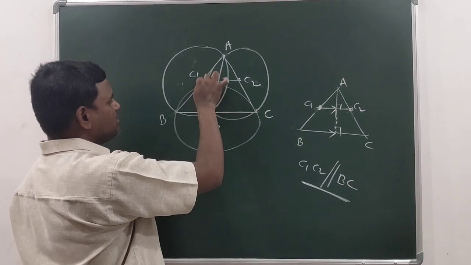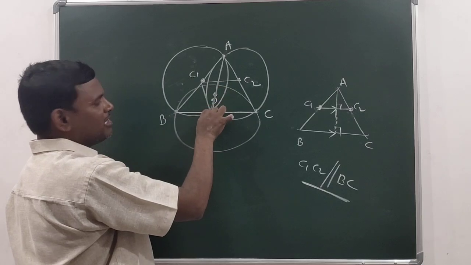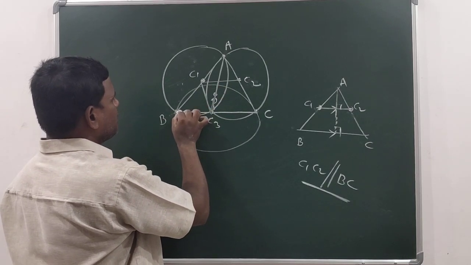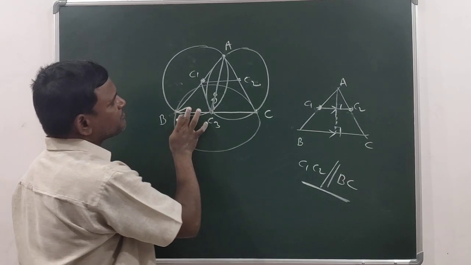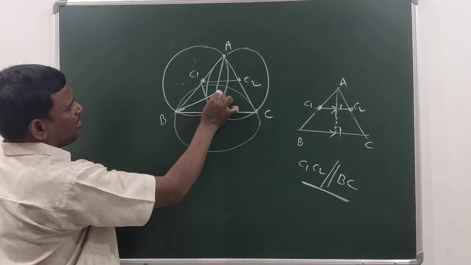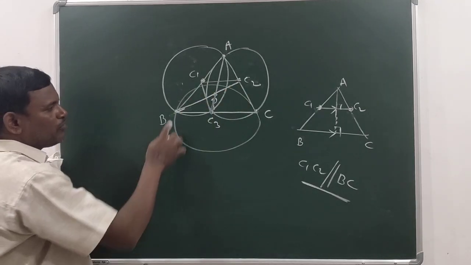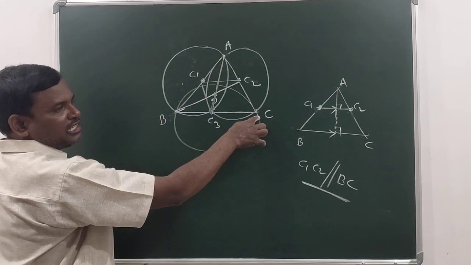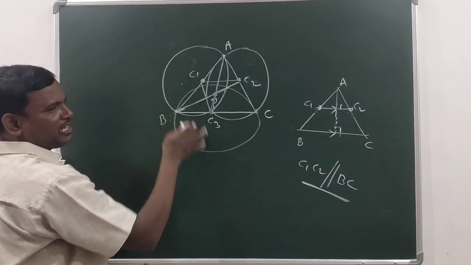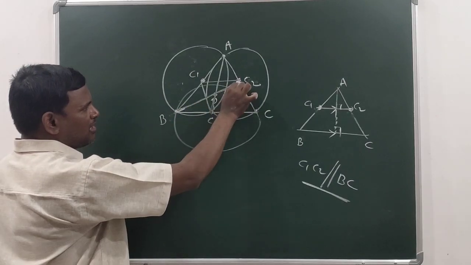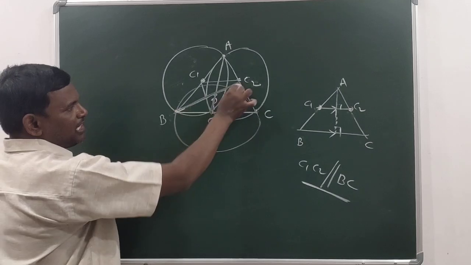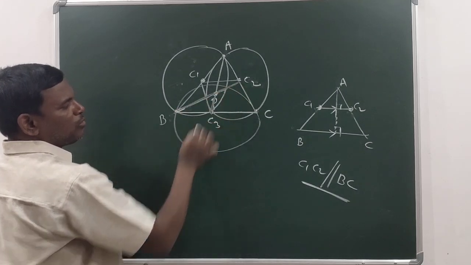So see students, connect C1, C3 and draw here. If you draw, you will get the altitude from B to AC. This is also the common chord for these two circles. So this common chord is the radical axis, and here the altitude and radical axis are coincident.